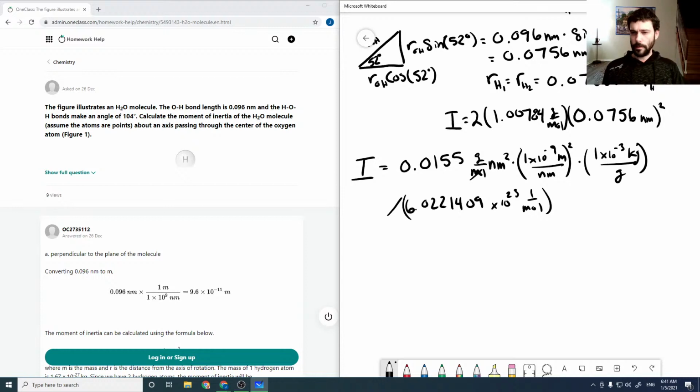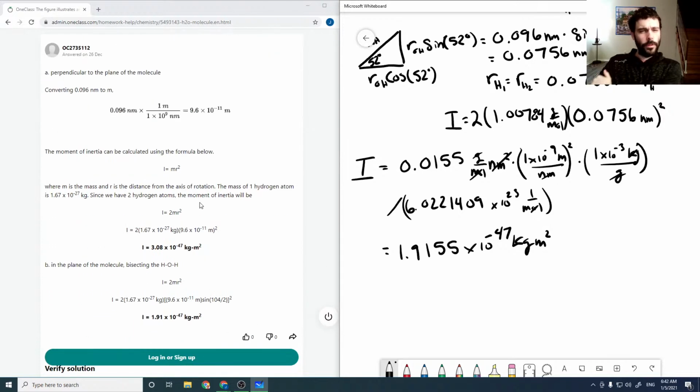This will cancel the moles, the nanometers, and the grams, leaving us with kilograms meters squared, which is 1.9155 times 10 to the minus 47 kilograms meters squared. And so there's our moments of inertia.